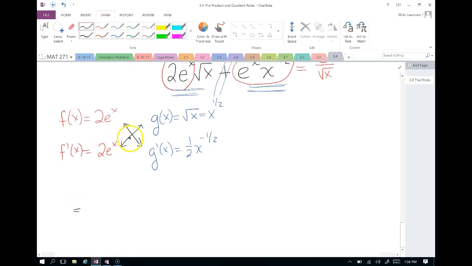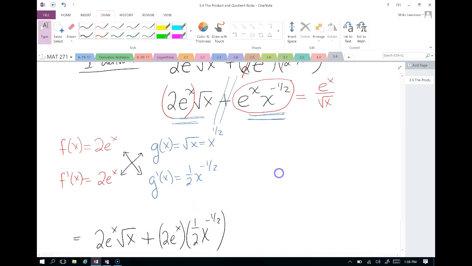And then we can write out the derivative for our first term. It's f prime g, 2e to the x square root x, and then fg prime is 2e to the x times 1/2 x to the negative 1/2. That is the derivative of the first term. And now I'm going to go over and do the derivative for my second term.